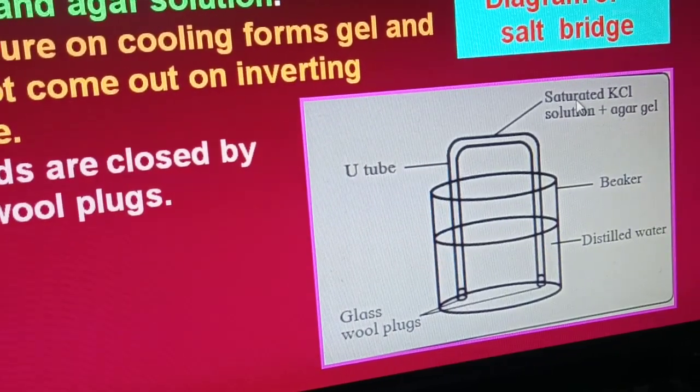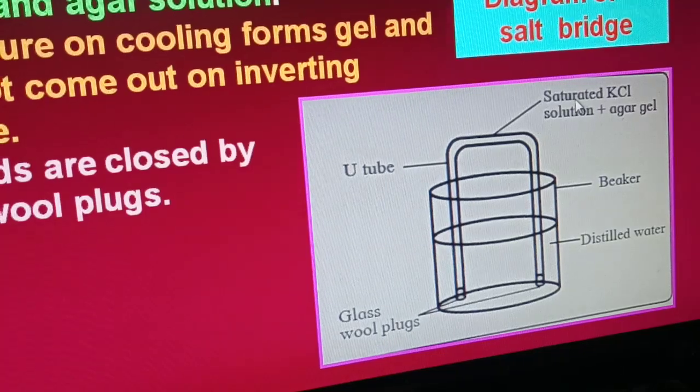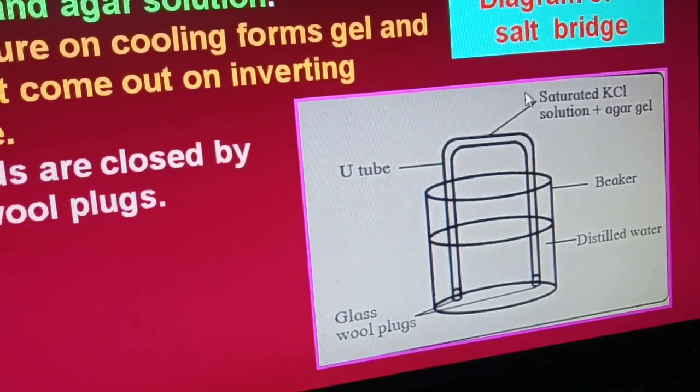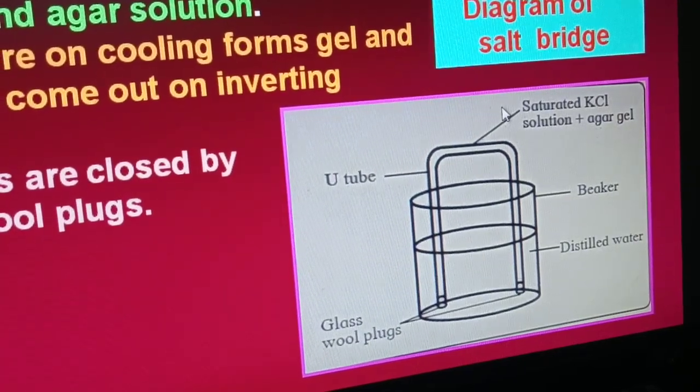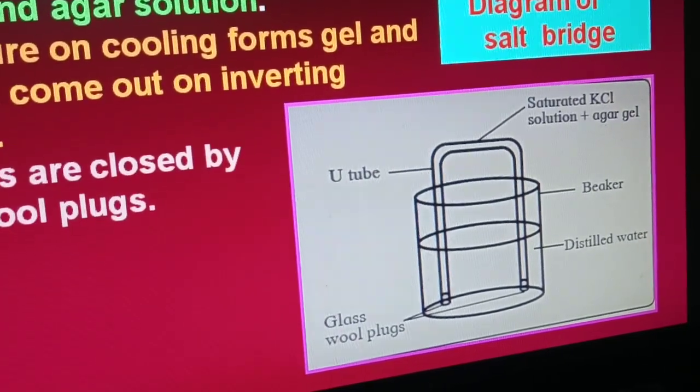It is the fraction of total current carried by each ion of the electrolyte. Greater the mobility of the ion, more will be the current carried by that ion and more will be its transport number.